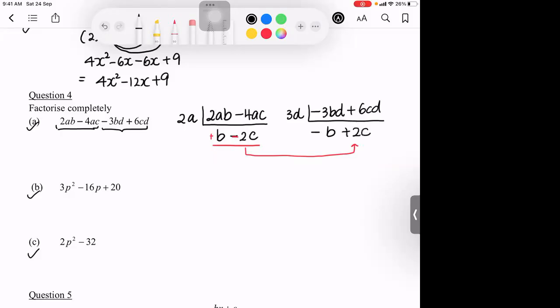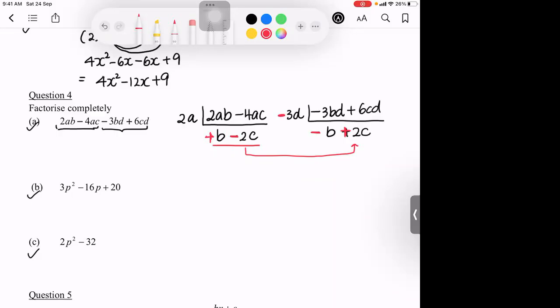But the question is, this one is positive B, but here negative B, not the same sign. This one is negative, here positive 2C. Both of them are not the same sign. When both are not the same sign, what can I do to make them the same sign? I factorize out a negative.